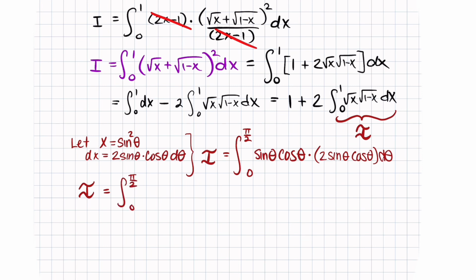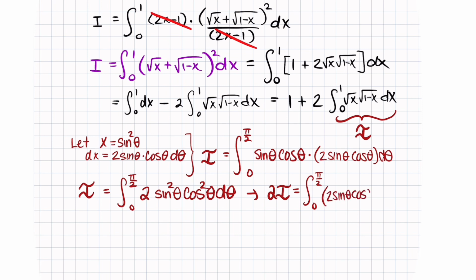So we get 0 to pi over 2 of 2 times sine squared theta cosine squared theta d theta. So if we multiply this integral by 2, we can pull another factor of 2 in there and write this as 2 cos theta sine theta cos theta quantity squared. And that is the formula for the sine of 2 theta. So we have sine squared of 2 theta in our integrand now.